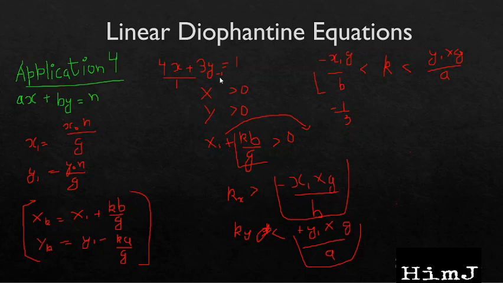Now for y1 we have y as negative 1 times 1, it will be negative 1, and divided by 4. So now this value is greater than this value, but what we need is k should be an integer, and there exists no integer between this range. There is no possible solution for this equation with constraints x and y should be greater than 0.